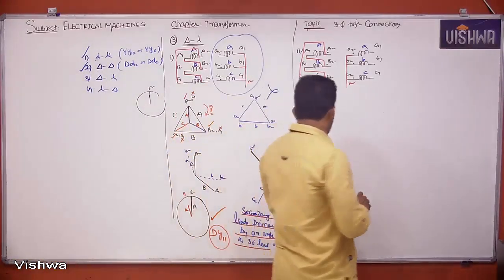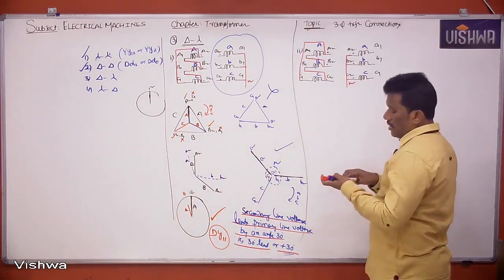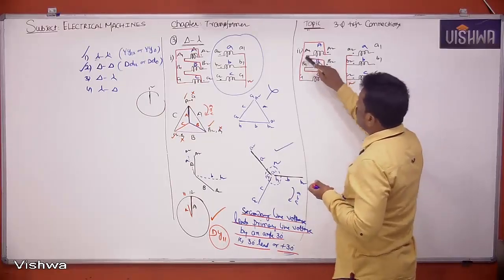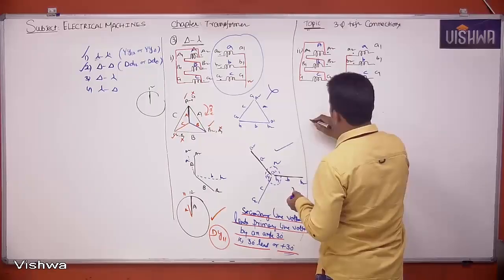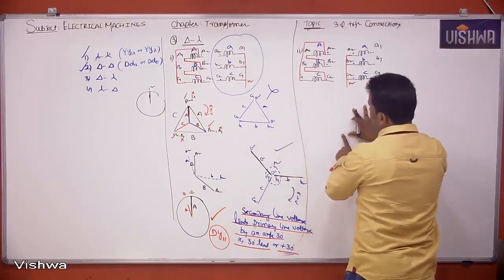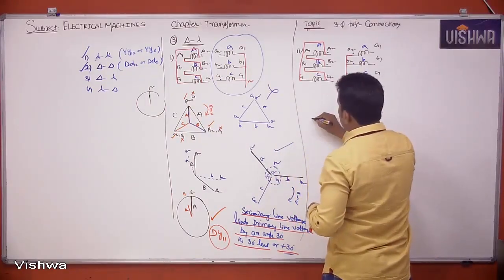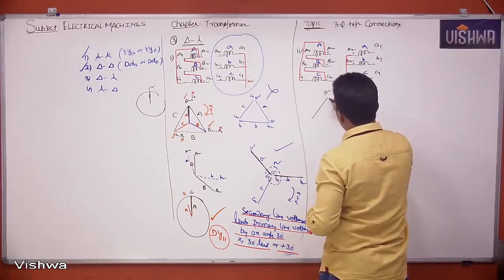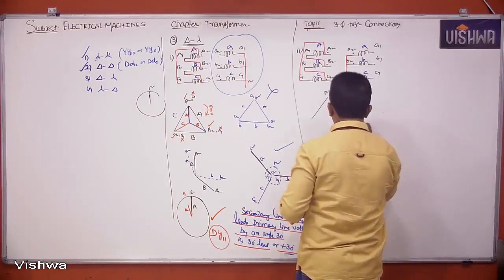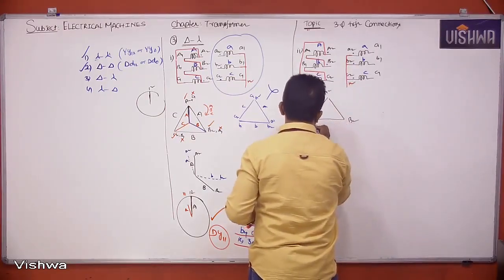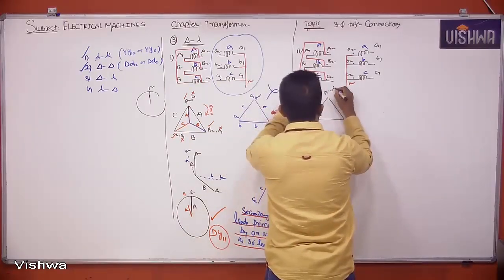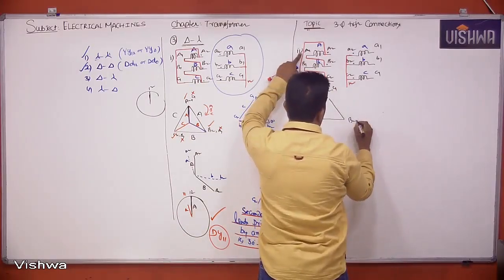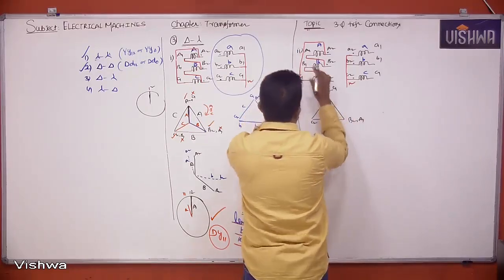Now similarly tell me what about in this case? See, case 2 primary and case 1 primary are the same. If you understand this one, I think you can answer this one somewhat faster. This is A2, this is B2, and this is C2, and A2 is nothing but C1, B2 is nothing but A1, C2 is nothing but B1.